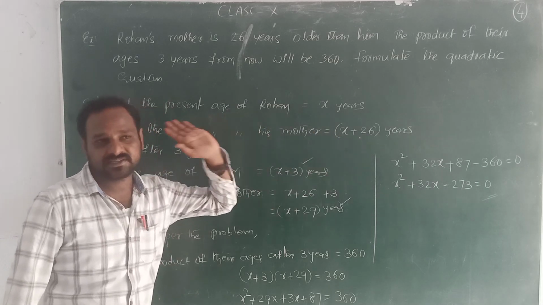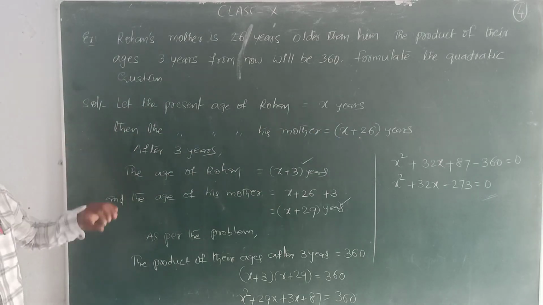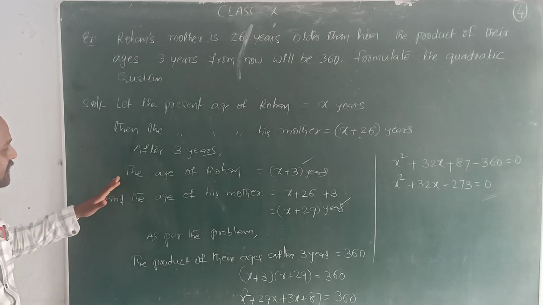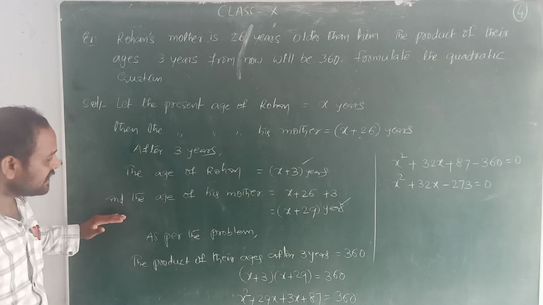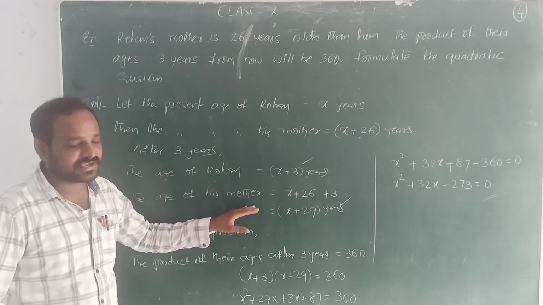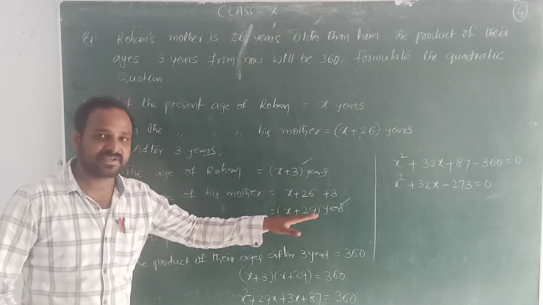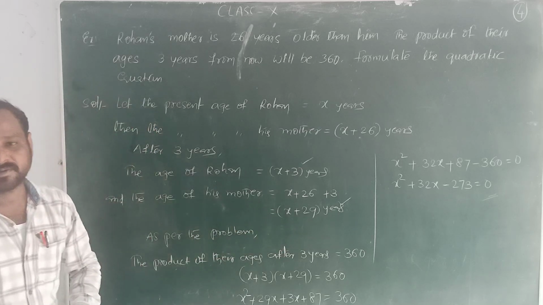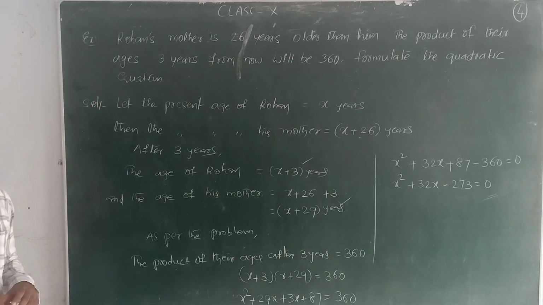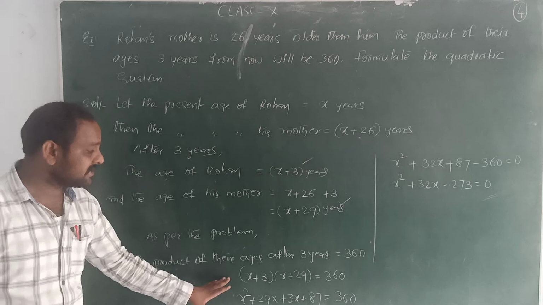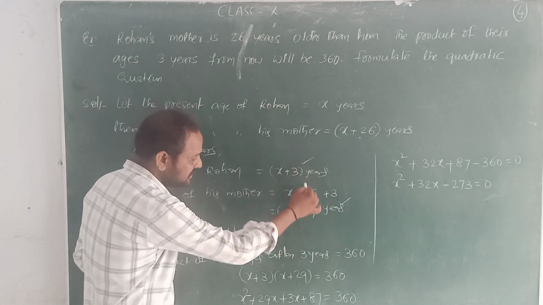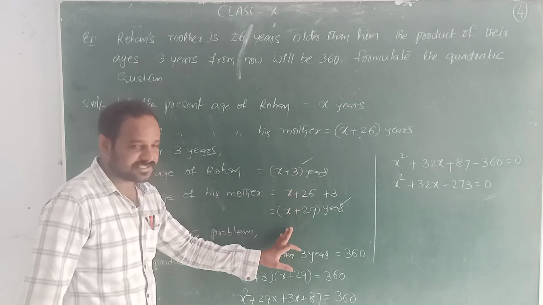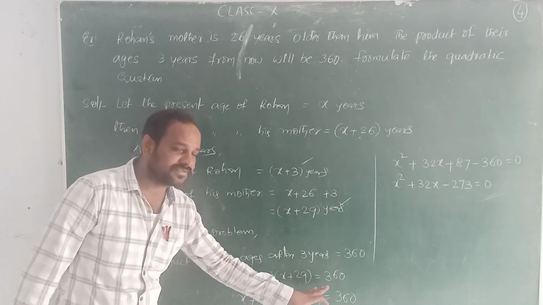Then the present age of his mother becomes x plus 26 years. So after 3 years, the ages become what? The age of Rohan equal to x plus 3 years. And the age of his mother is equal to x plus 26 plus 3, that becomes x plus 29 years. But according to the problem given, the product of their ages after 3 years equal to 360. That means we have to multiply these two, x plus 3 into x plus 29, that is equal to 360.